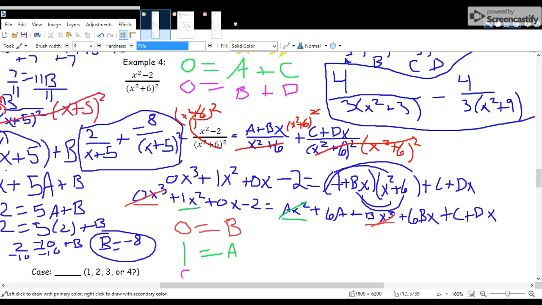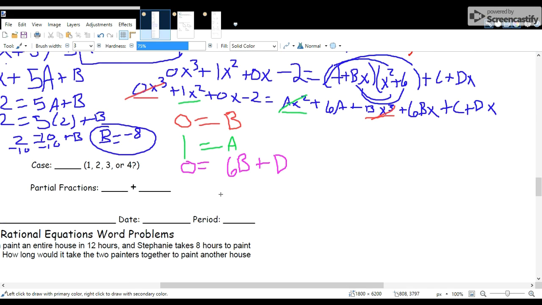And then we have 0 equals 6b plus d. And then we have negative 2 equals 6a plus c.